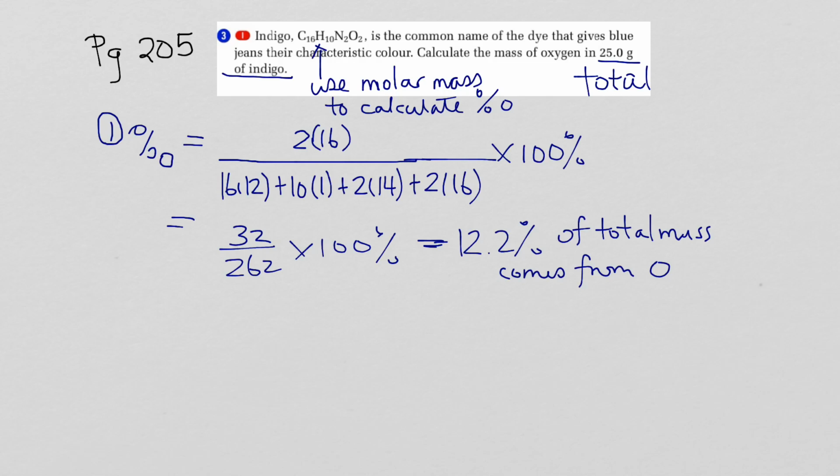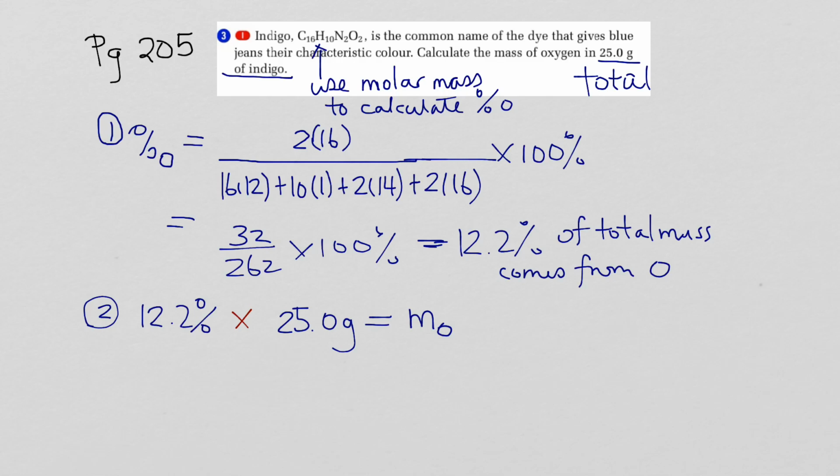So now that we know it's 12.2%, we can say that 12.2% of 25.0 comes from oxygen, the mass that comes from oxygen. Again, the word of in math means we multiply.